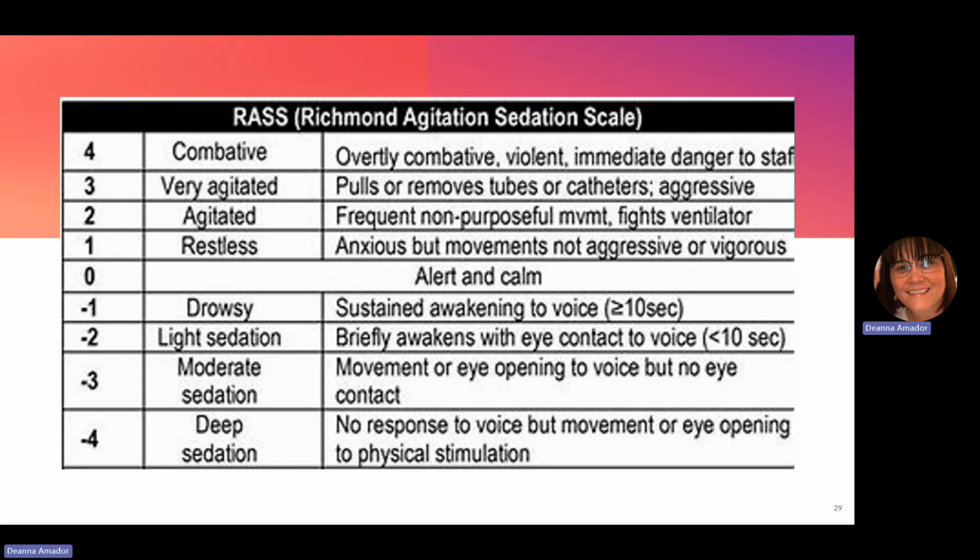Okay, this next slide is your introduction to a RASS scale. This is the Richmond Agitation Sedation Scale. Again, there is a link right below there that talks about the RASS scale. This is a tool that we use to assess sedation and agitation in critically ill patients.